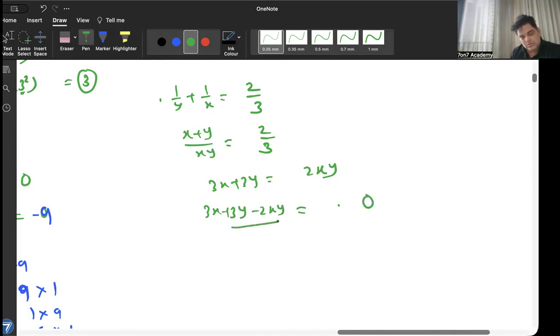Now in these two, you have to factor out something which leaves the coefficient of x. You tell me what to be done here to factorize it. All we can do is take out minus y.